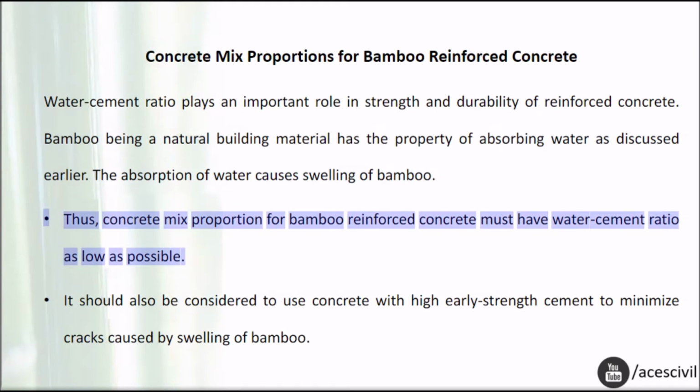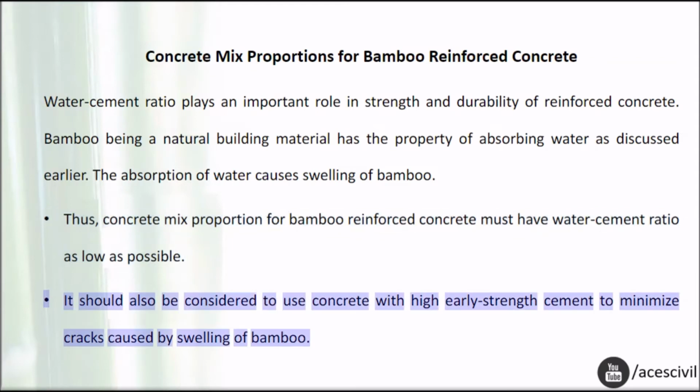Thus, concrete mix proportion for bamboo reinforced concrete must have water-cement ratio as low as possible. It should also be considered to use concrete with high early strength cement to minimize cracks caused by swelling of bamboo.